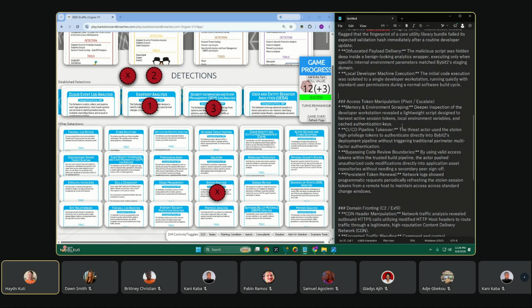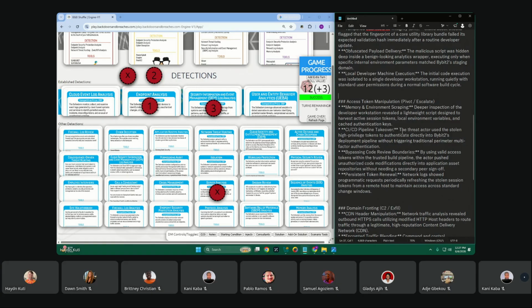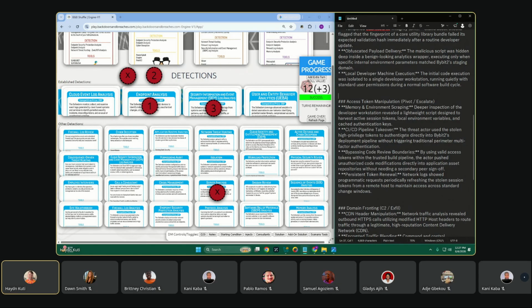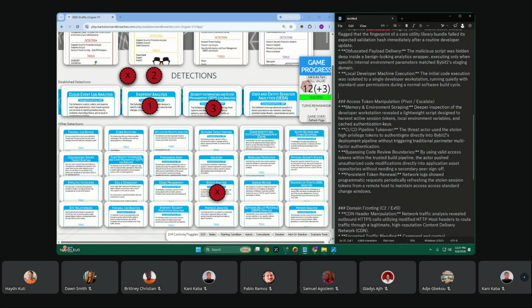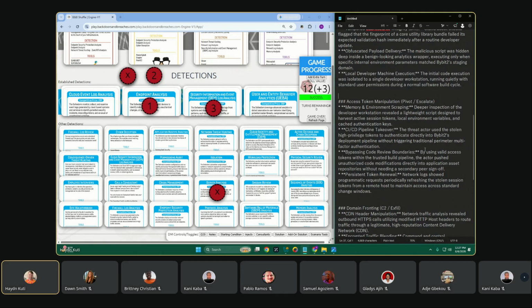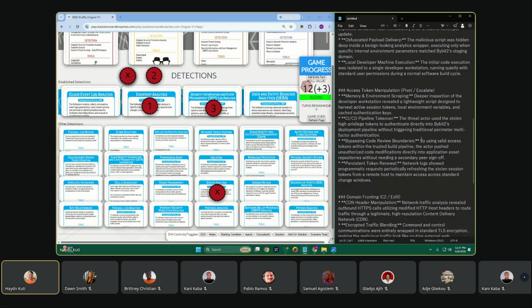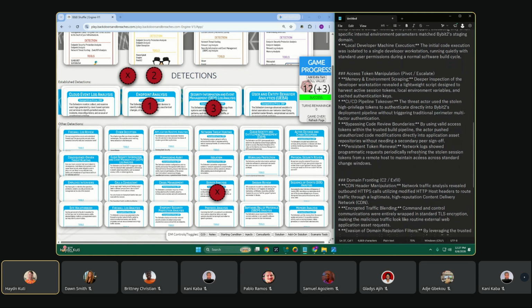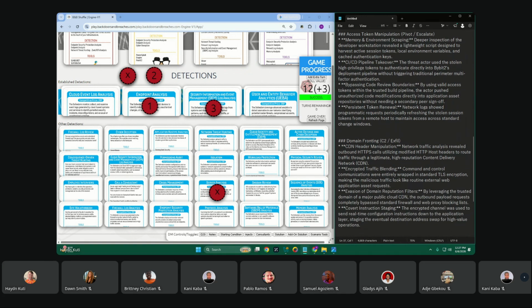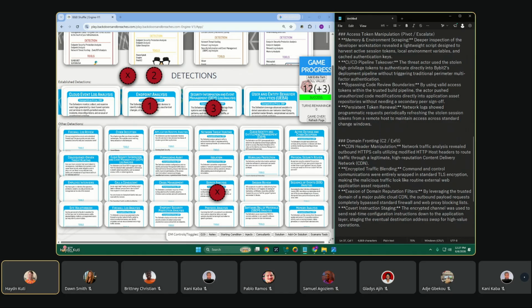By using valid access tokens within the trusted build pipeline, the actor pushed unauthorized code modifications directly into application asset repositories without needing a secondary peer sign-off. Network logs showed programmatic requests periodically refreshing the stolen session tokens from a remote host to maintain access across standard change windows. And so with that, you guys have succeeded, and let me tell you the full story.